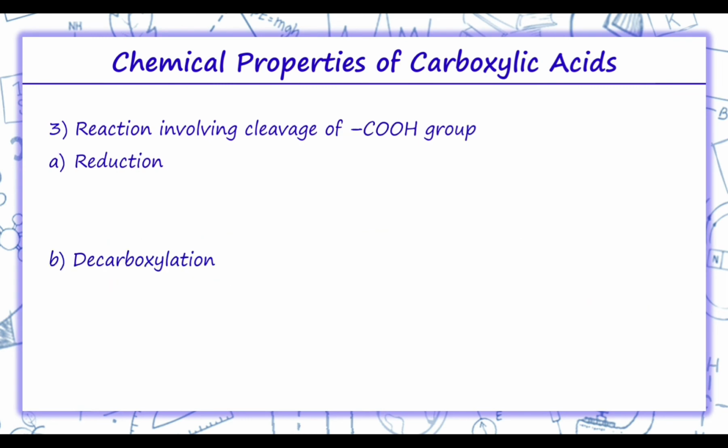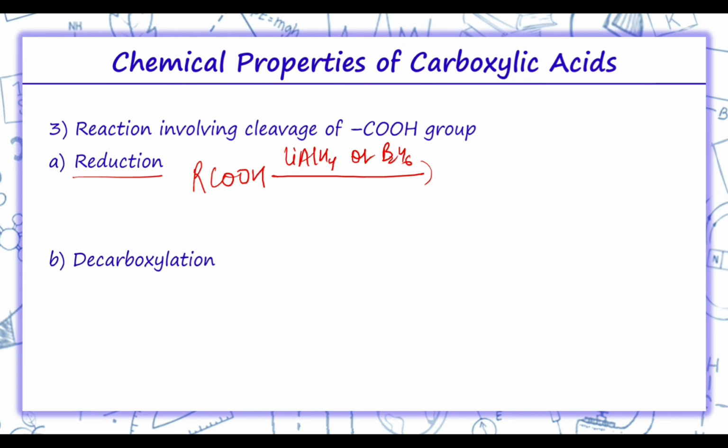Now the reaction that involves cleavage of the C-OH bond, that is reduction. So here we have carboxylic acid, RCOOH, which is reduced to primary alcohol by lithium aluminium hydride, or a better reaction is observed when we take diborane over here, that is B2H6.